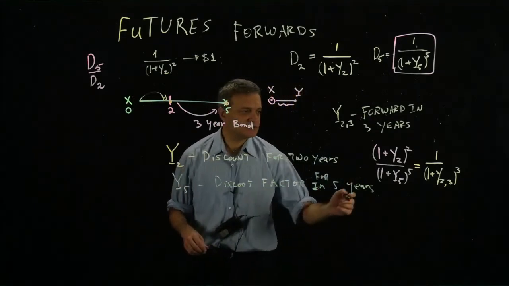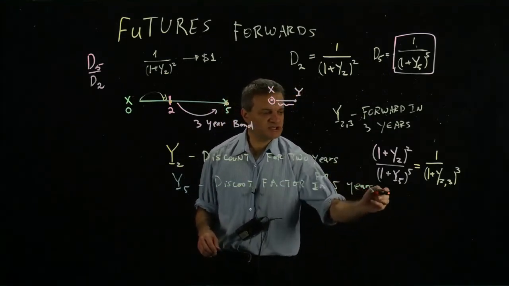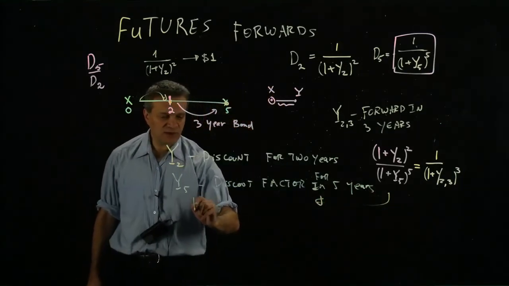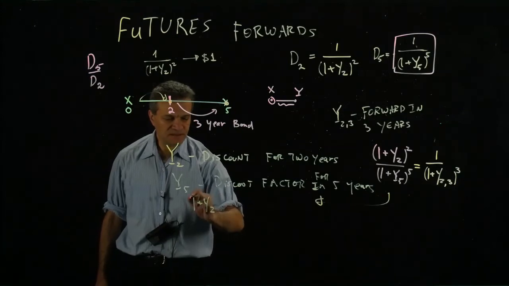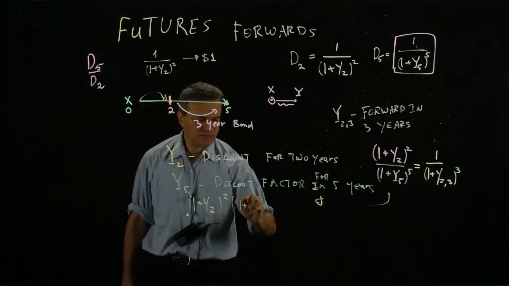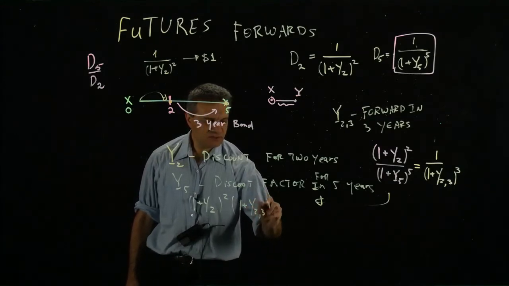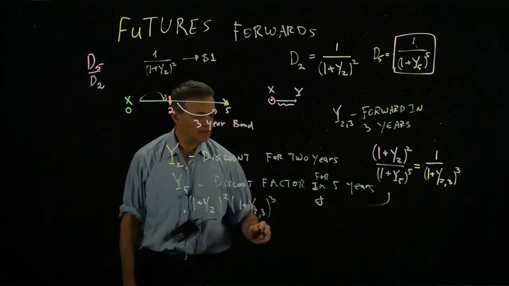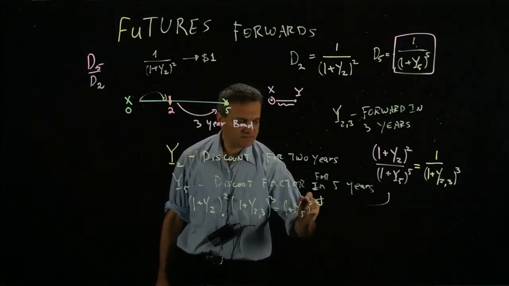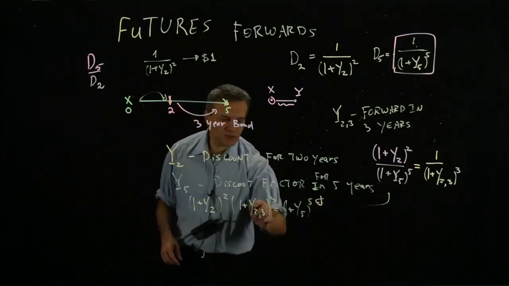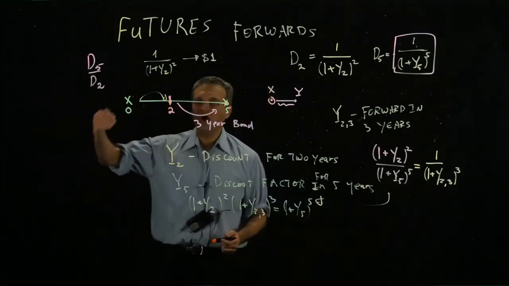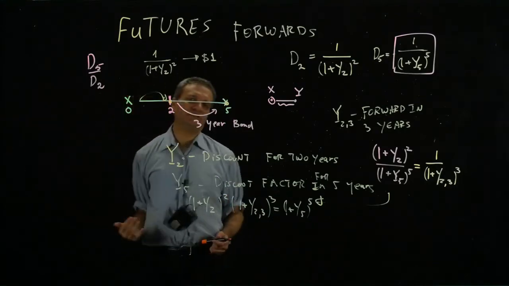And now you're getting the fundamental equation here, that (1 + y2) squared times (1 + y23) to the power of 3 equals (1 + y5) to the 5th power. So what is this y23? Y23 will be the discount factor of 3 years going 2 years into the future.